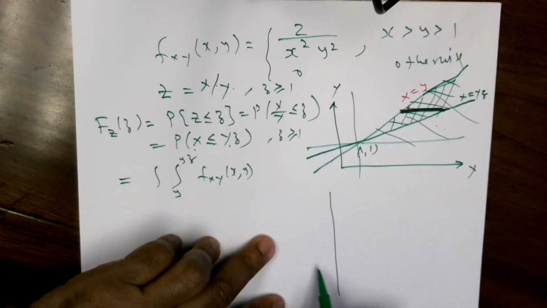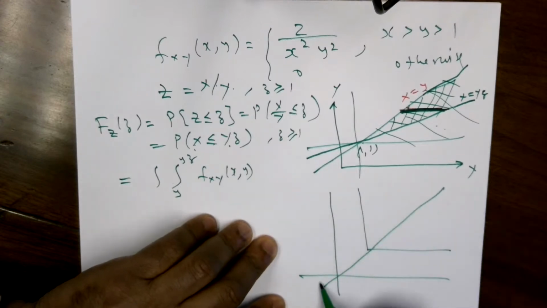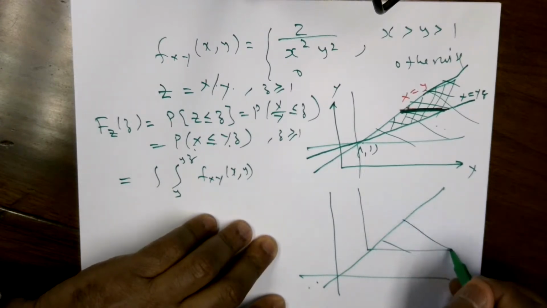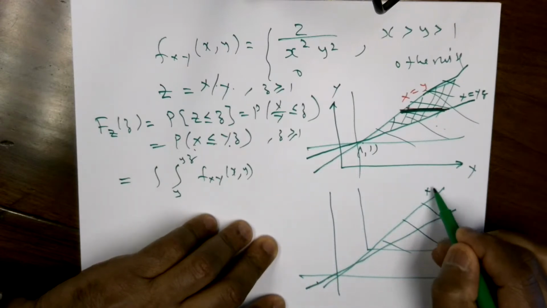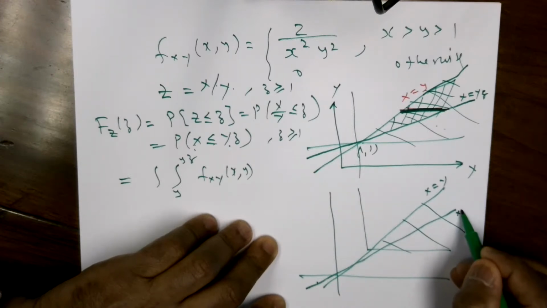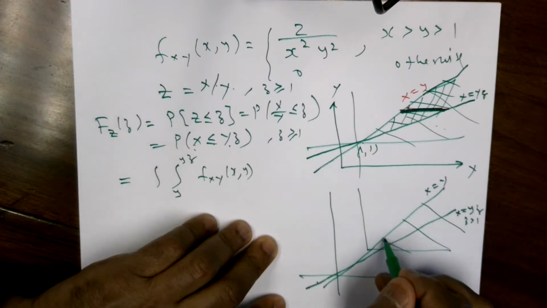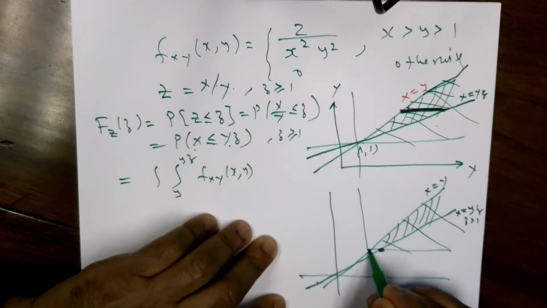Actually, the diagram should be drawn this way. So this is the region, and this is x equal to y, and this is x equal to yz for z greater than 1. And so the region where we need to integrate is this. Notice that this is the (1, 1) point.